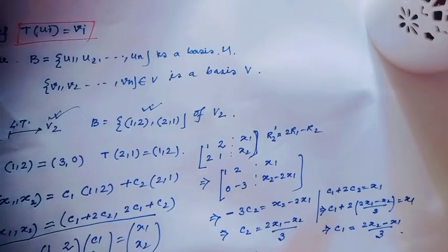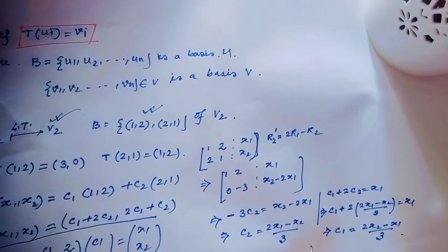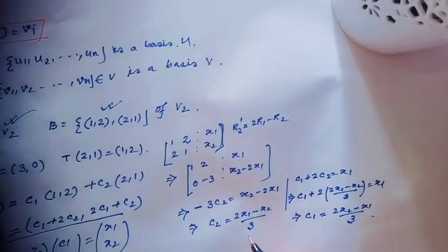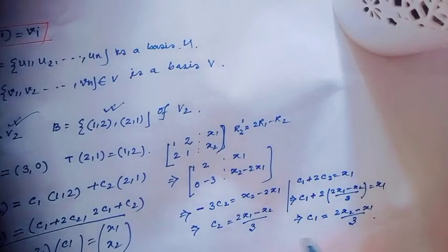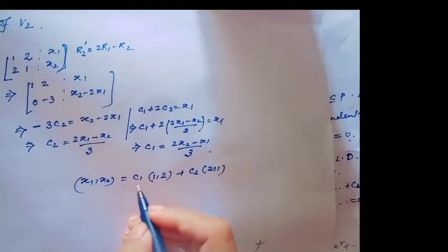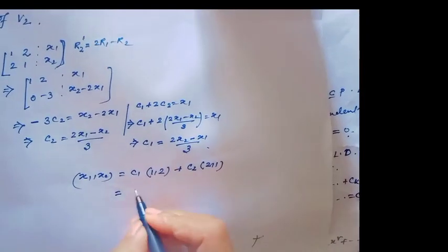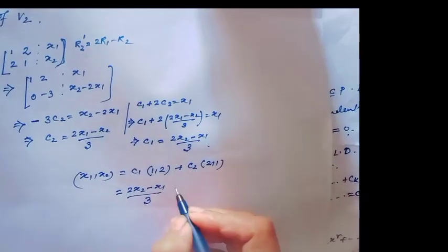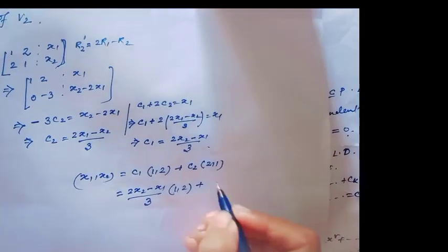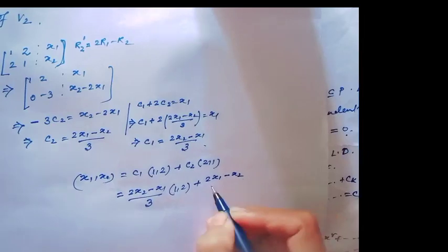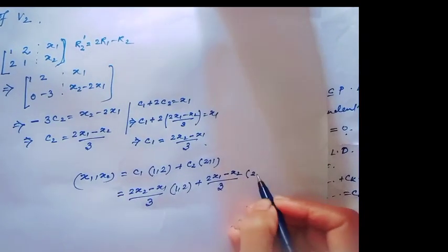That means these are the values of c1 and c2. Have you understood this calculation? By this method I have got (x1, x2) equal to (2x2 minus x1) over 3 times (1,2), plus (2x1 minus x2) over 3 times (2,1).